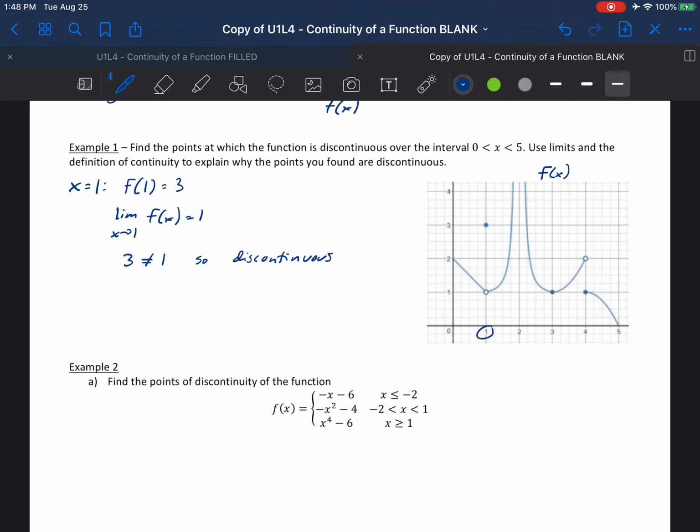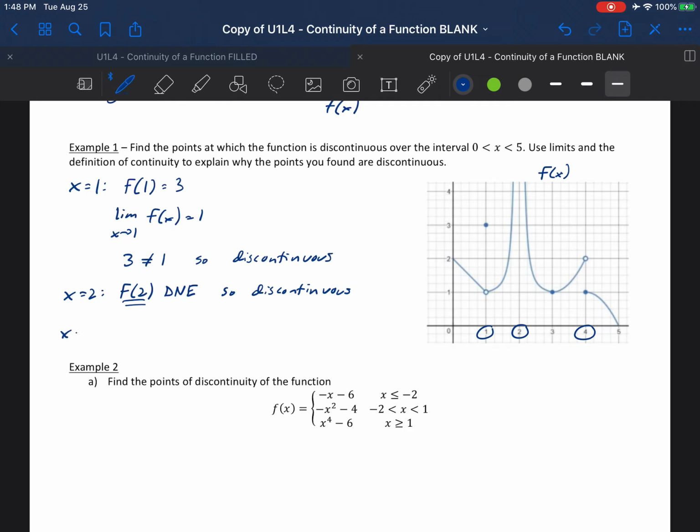We've got another point at 2, and another point at 4. Now at 2, this is an easy one. At x equals 2, the function value is not defined, it's infinite. Okay? So automatically, it's not continuous there because we don't have a function value.